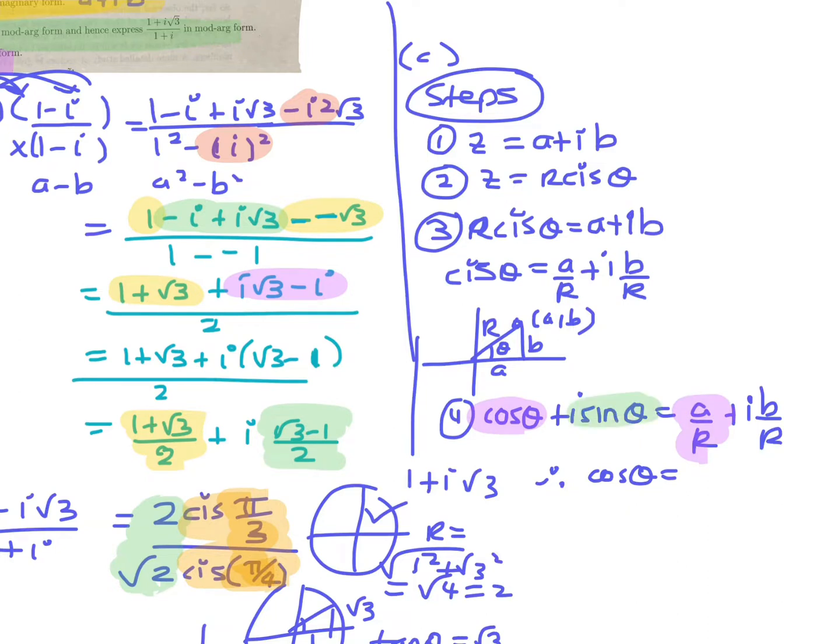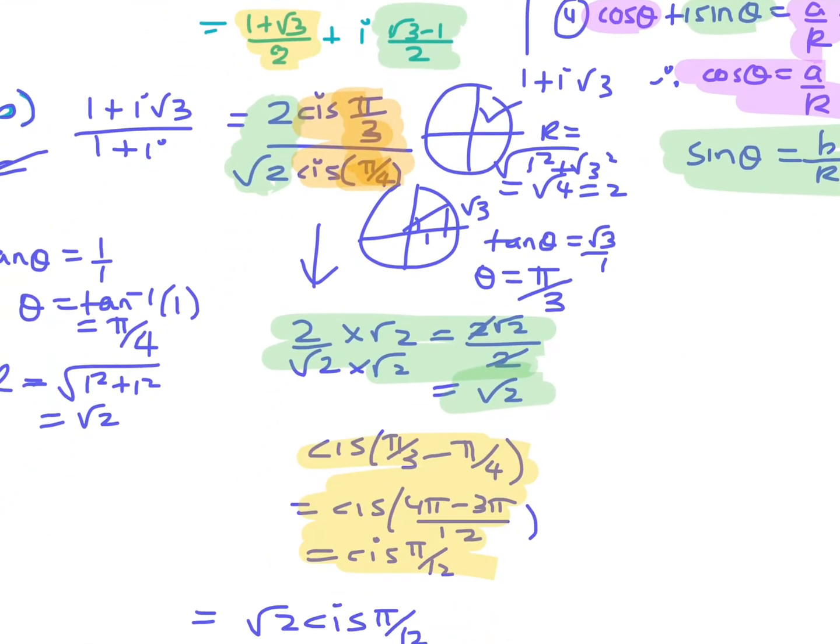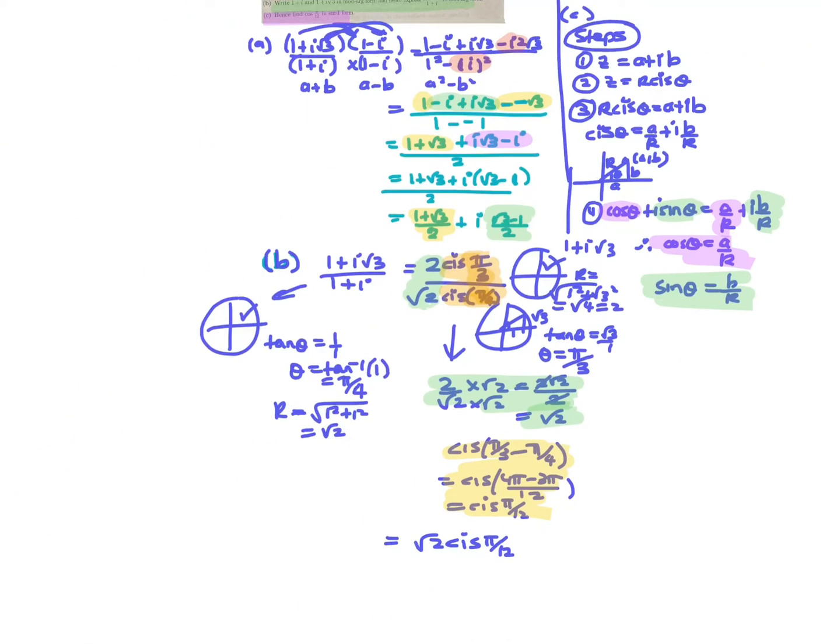And the imaginary part, sine theta, would equal b on r. So if I'm applying that here, we have a real part and an imaginary part, and they're going to be equal.